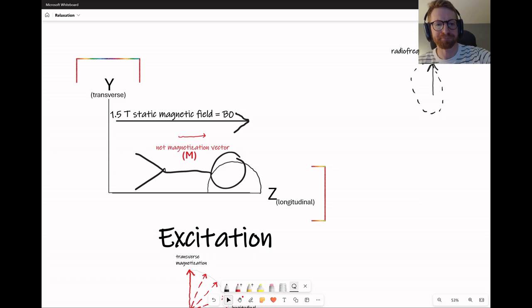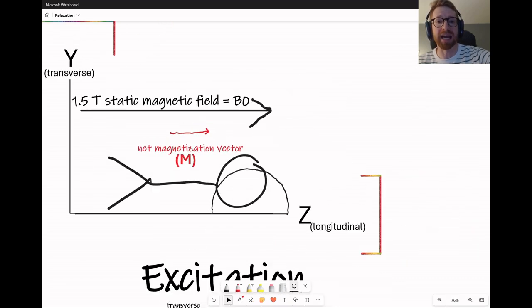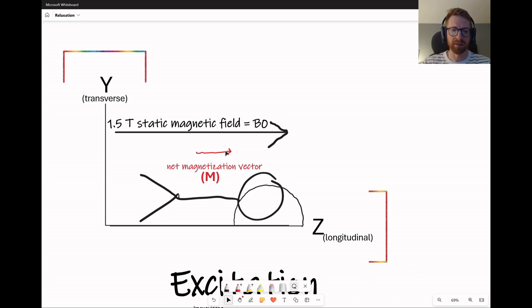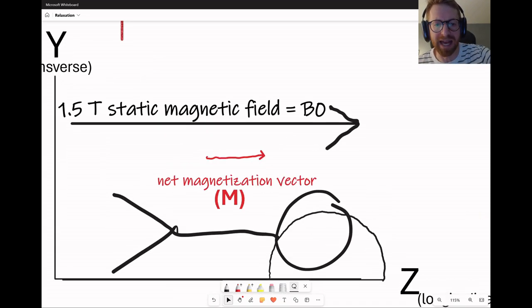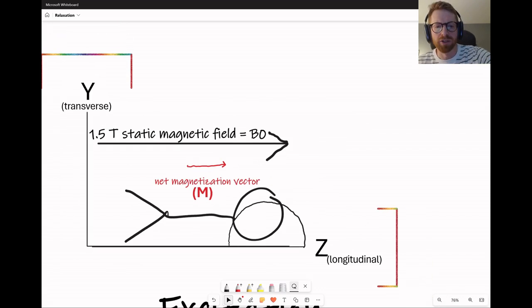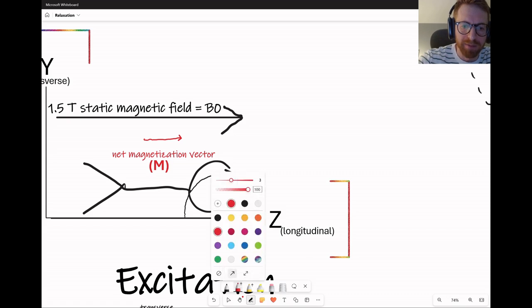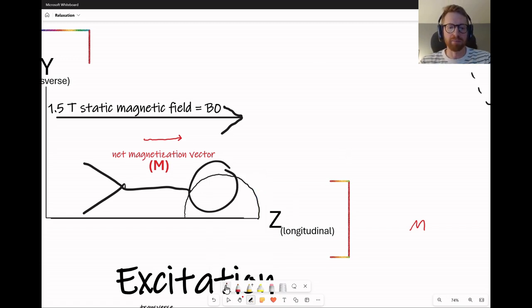Fine. So if we're going to try to detect this net magnetization vector in the longitudinal plane, it should be pointed exactly in the longitudinal plane. I didn't draw it perfectly, but I think you get the idea. So what are we going to measure? We're going to measure M, but we're also going to measure B naught, right?